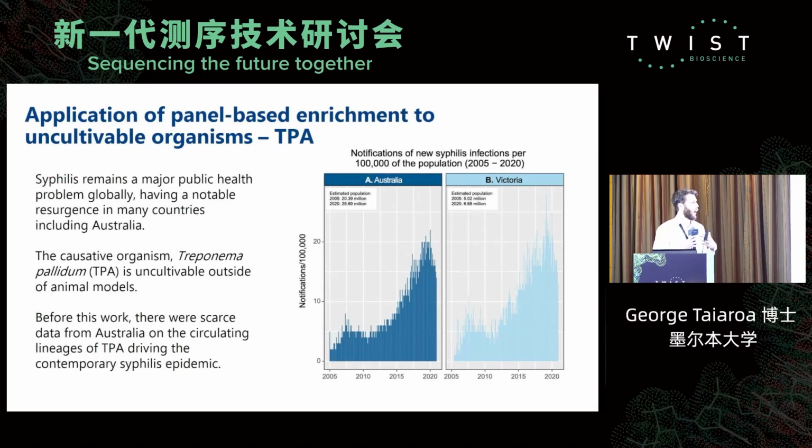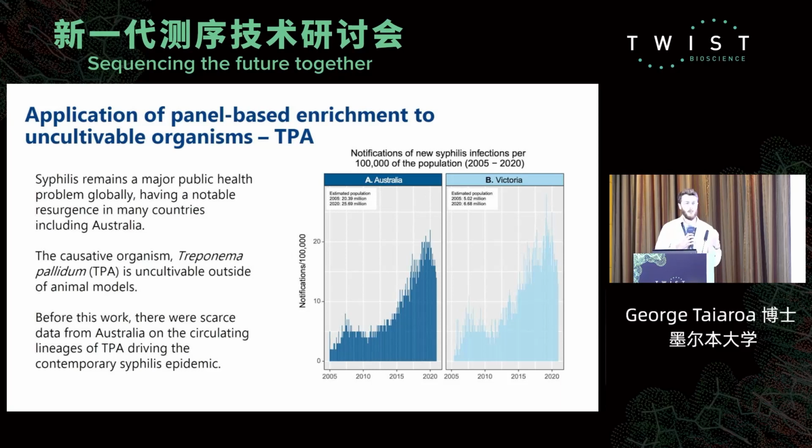So a few years ago, we had a research project looking at an organism called Treponema pallidum. And this is a bacteria that causes syphilis, so a sexually transmitted disease that has some very severe sequelae. And what we're seeing is that in Australia, it was really increasing in incidence over the last decade, which led us to question, is this being driven by a new form of this bacteria, a new variant?